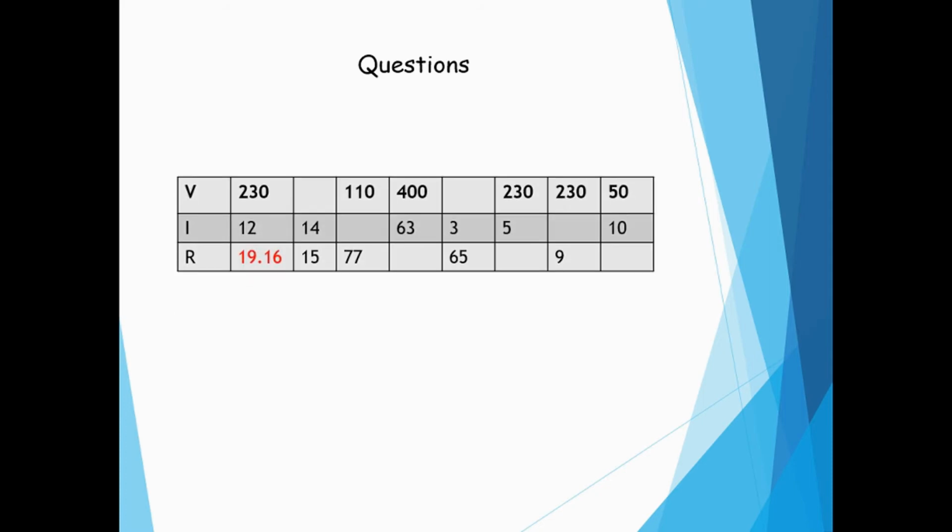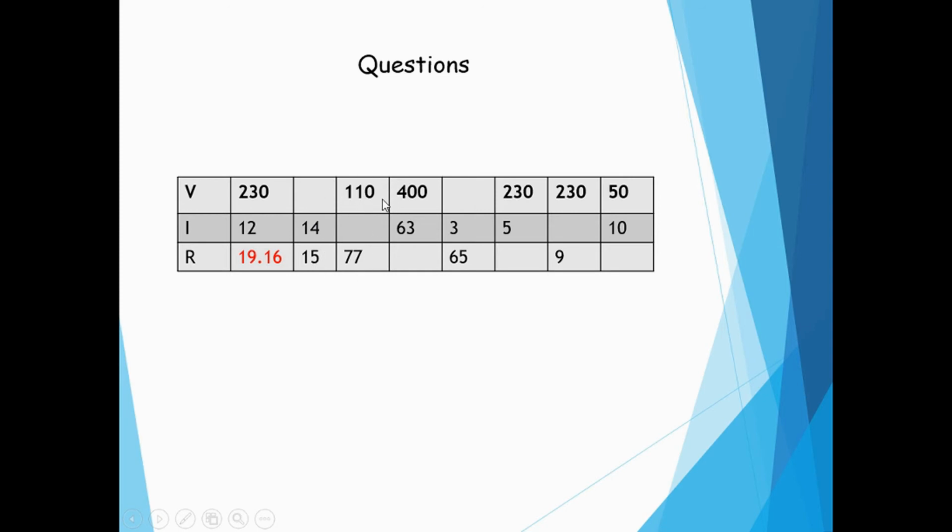Now, there are some questions here. You've been given a table. This is just an example for you to practice. Voltage is given for this one, and current is given. Resistance is required. So voltage divided by current will give you the resistance in ohms. In this case, you have resistance and current, and you need to find voltage, which is this times that.